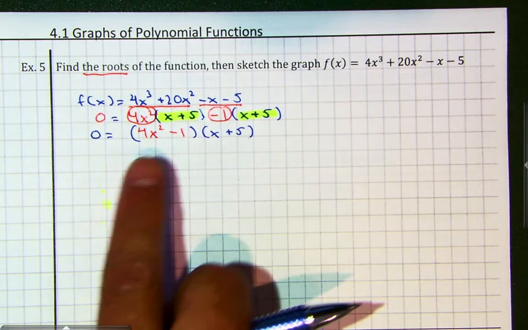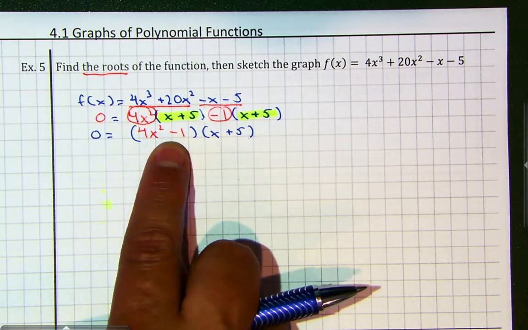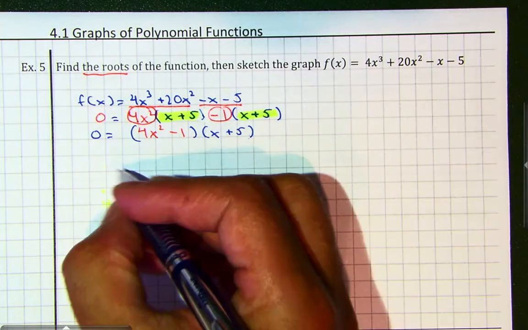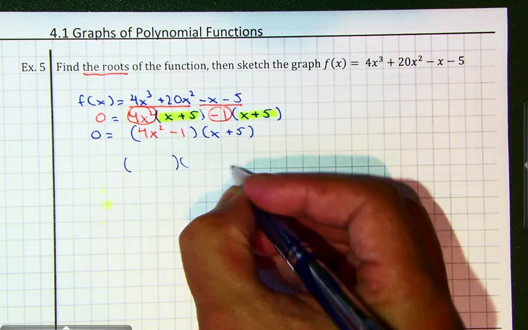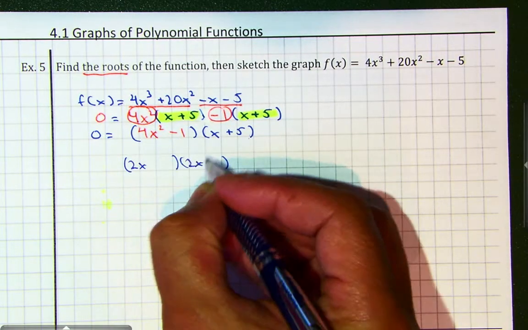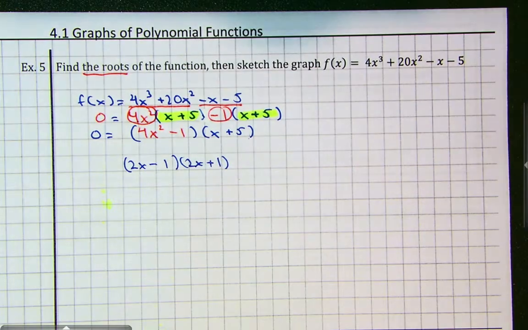Now, you can still factor this out. What is this called? 4x squared minus 1 is the difference of two squares. So therefore, this can be factored out. Factors of 4x squared will be 2x and 2x. Factors of 1 will be 1 and 1, 1 negative, and 1 positive. Difference of two squares.